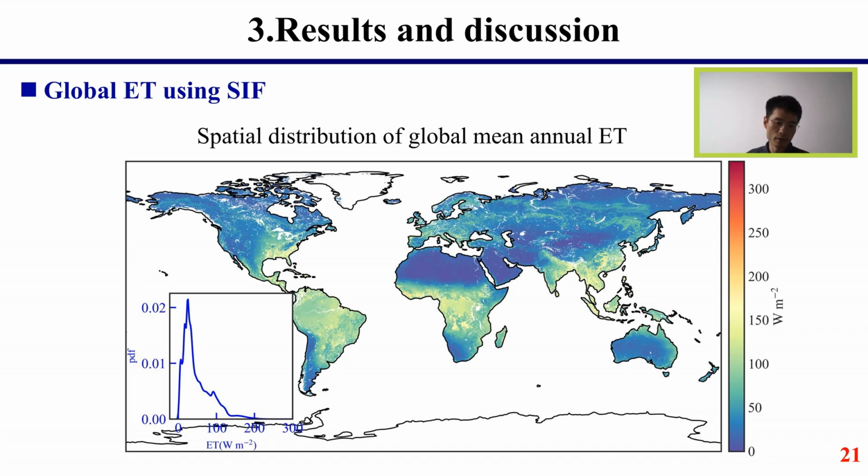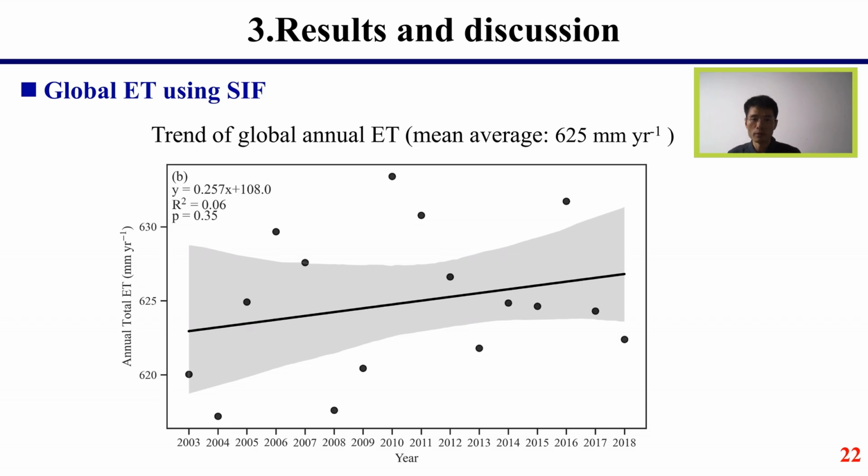We also draw a figure of the PDF of this global mean evapotranspiration. So we produce a SIF-based evapotranspiration, which is close to our knowledge. We also evaluate the trend of this global annual evapotranspiration, because our SIF has a short time coverage. So we evaluated the global evapotranspiration from 2003 to 2018.